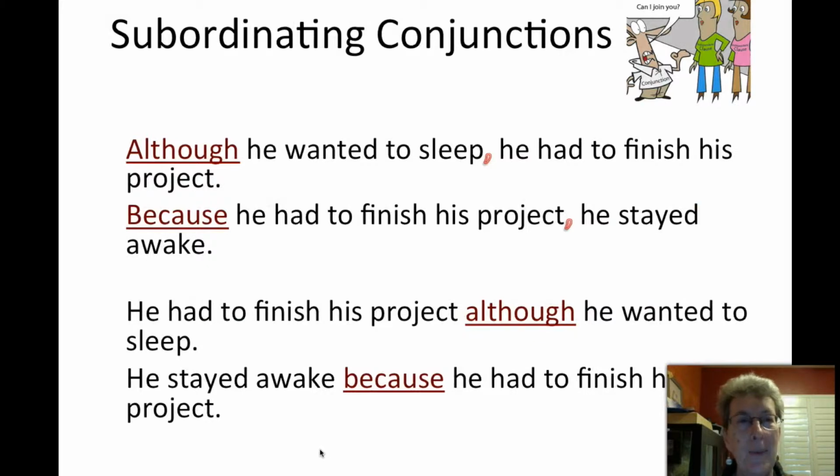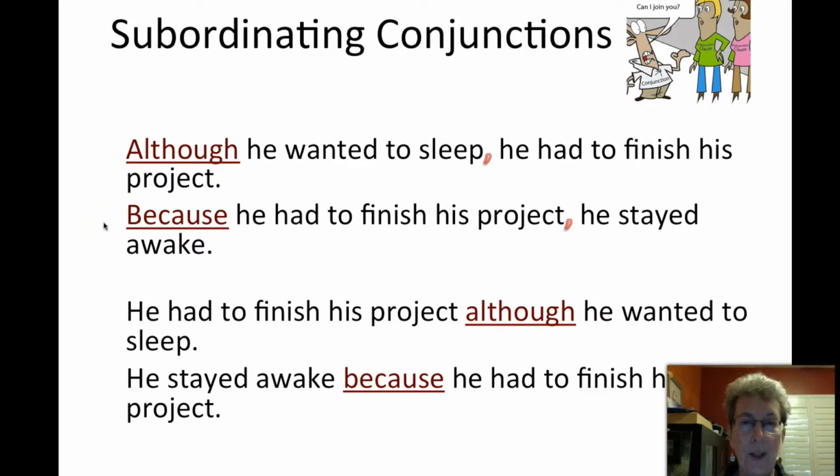Okay, the next example, subordinating conjunctions. These are the ones that are used to combine independent clauses and dependent clauses, just like these two ladies up here. All right, in the first examples, these two, we begin the sentence with a subordinating conjunction. Although he wanted to sleep, comma, he had to finish his project. The comma is what separates the two different clauses.